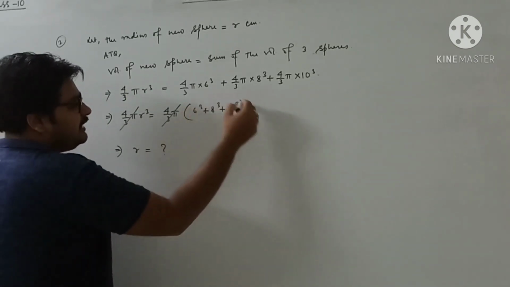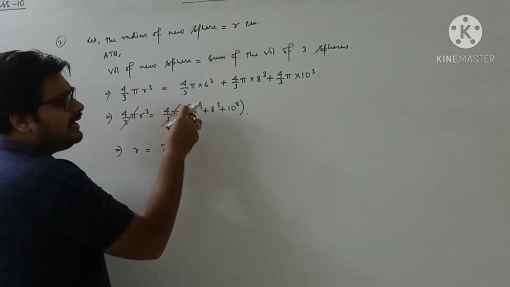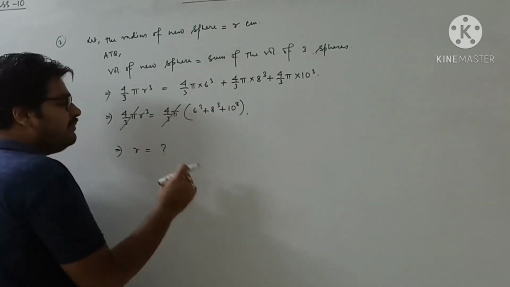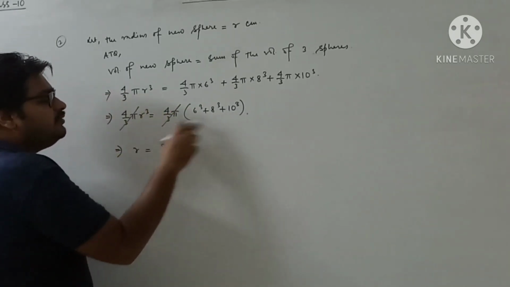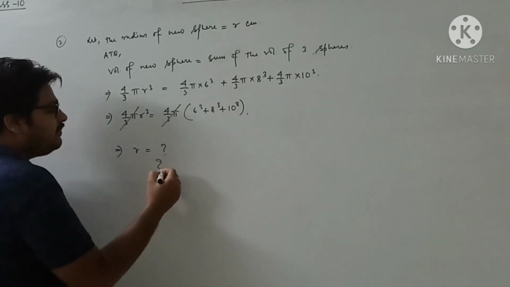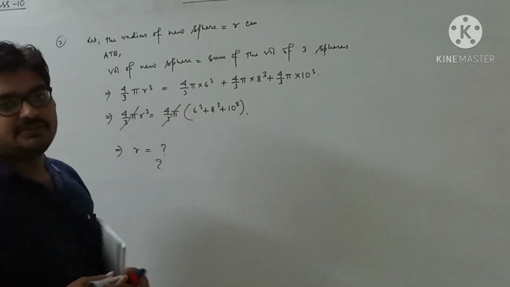So this calculation you have to do first, then you find the cube root. So what is the value of 6 cube, 8 cube, 10 cube? Add them, find out the answer, and after that you omit the cube from here and take the cube root on this side and then find out the answer. This calculation part is your job. Find out the value of r and then write the final answer.